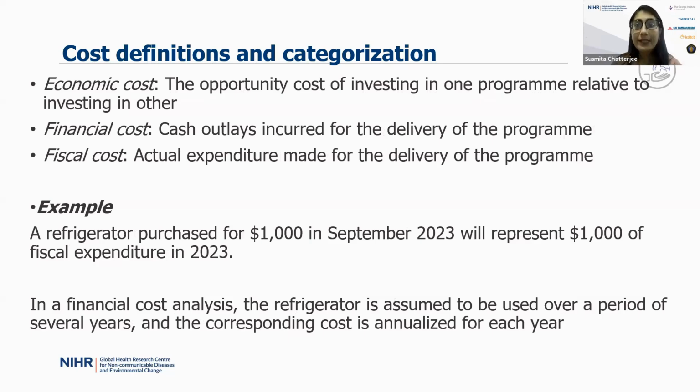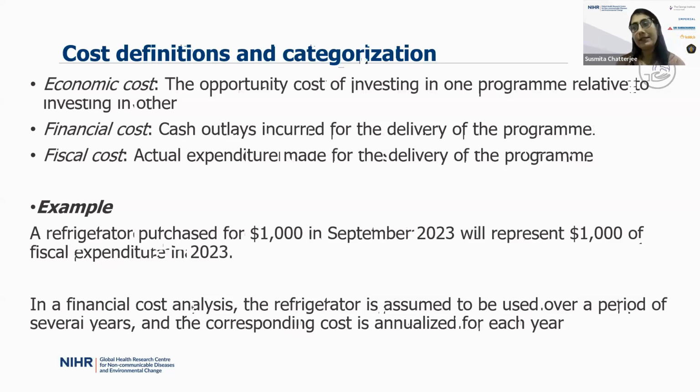Now, when we do financial cost, the only difference is that this refrigerator will run for at least 10 years, right? So you cannot really put $1,000 in 1 year. That's the expenditure. That's true.